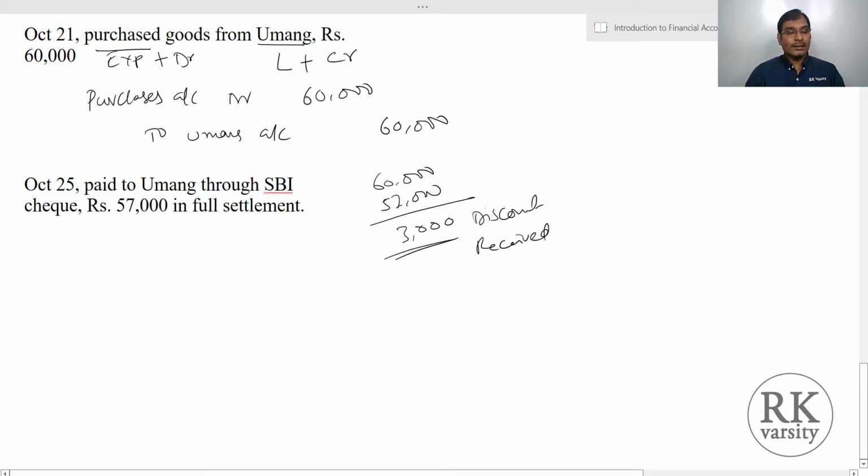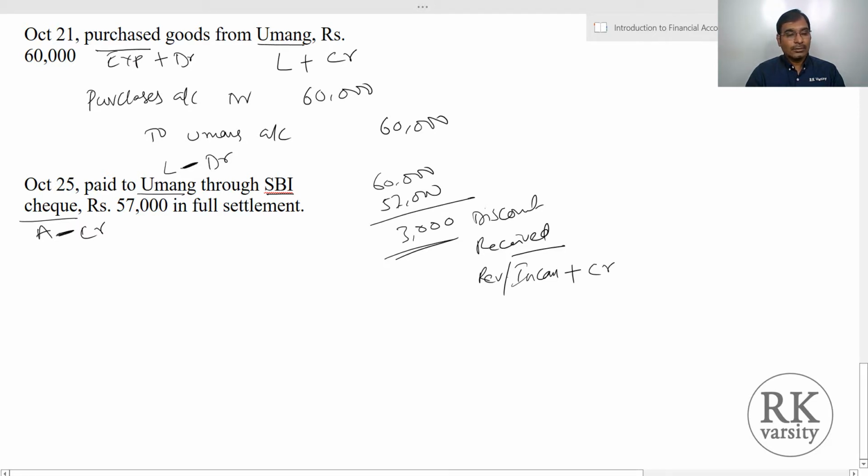Now here Umang is a liability, then SBI is your asset, then discount received is your revenue, or let us say income. So there is an increase in income, then a decrease in a liability, and also a decrease in your asset. So decrease in liability is debit, decrease in asset is credit, and increase in revenue is again a credit.